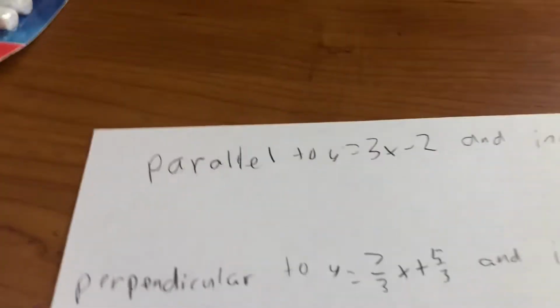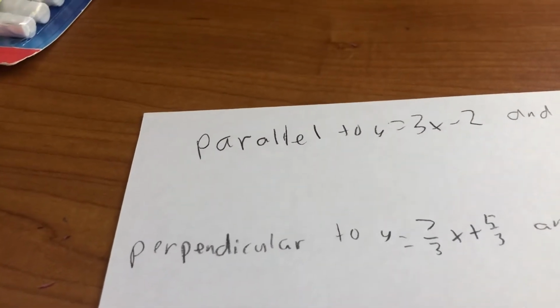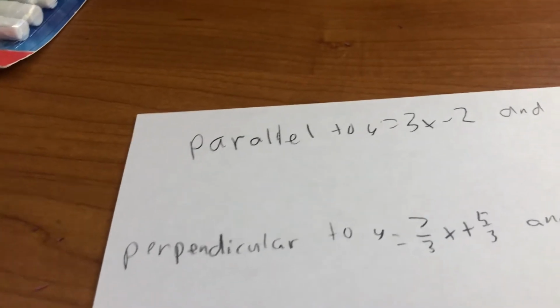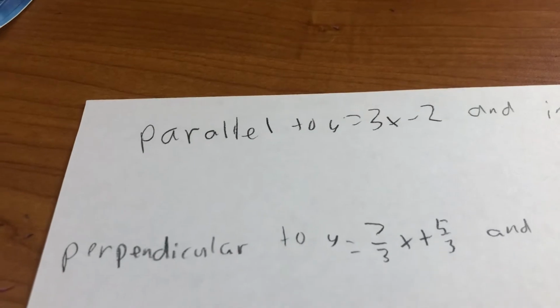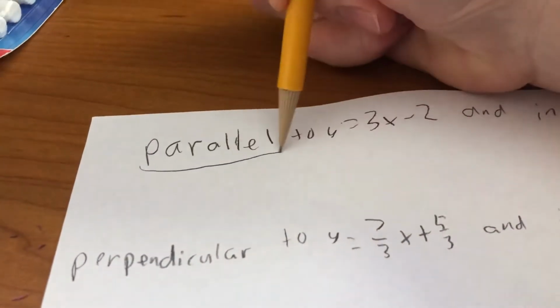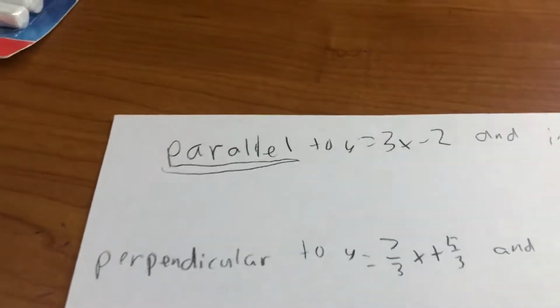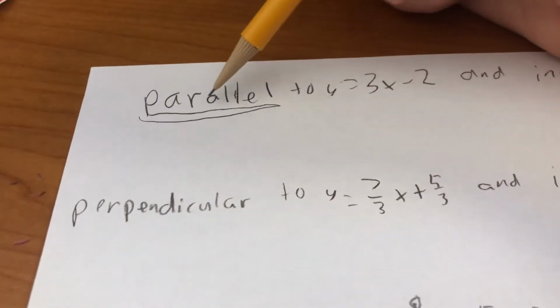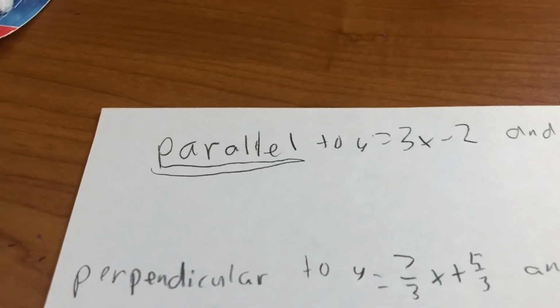Now, I already read the problem. Now, what we have to do now is to create our new m. And our new m, like I said before, determines on this word right here. Now, as you can see here, that says parallel. But we're going to have two different ways. This is parallel and this is perpendicular. And we're going to get to the perpendicular next problem.